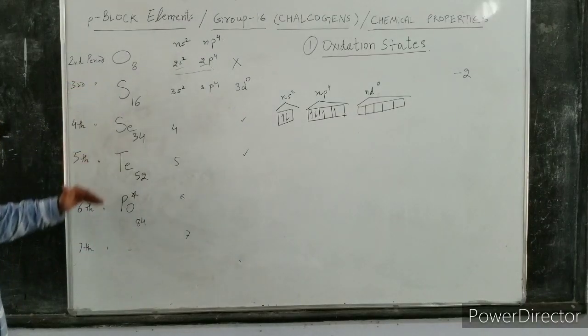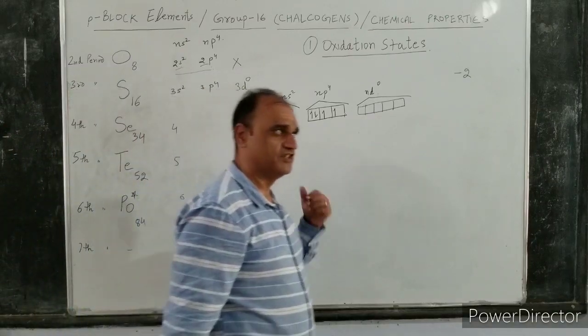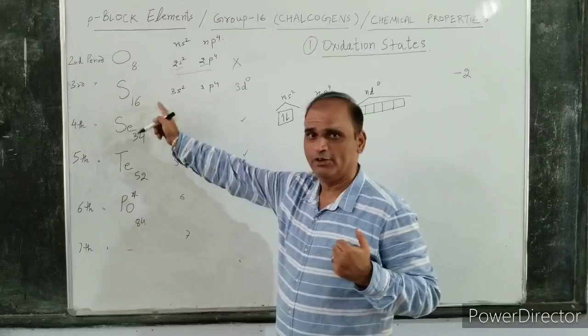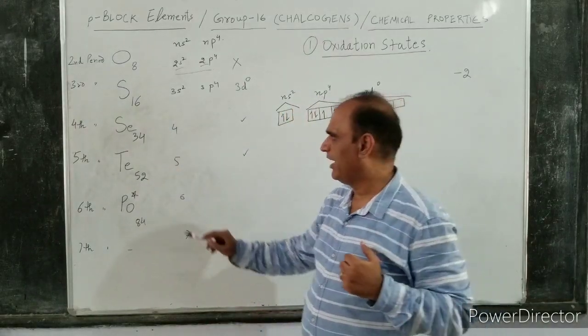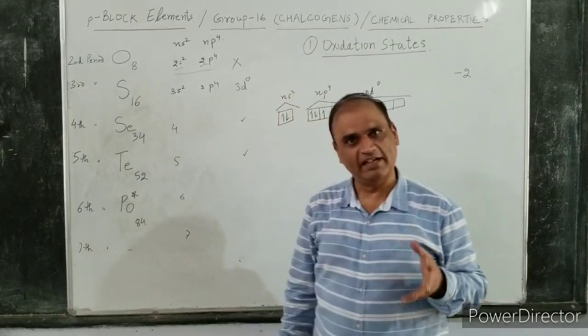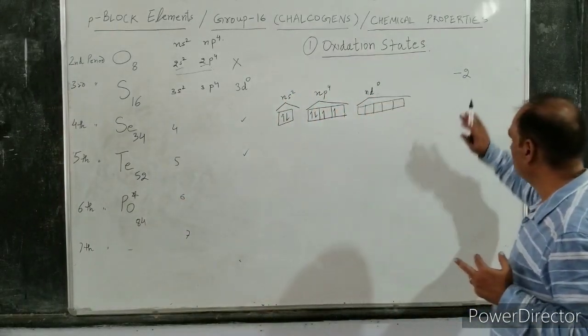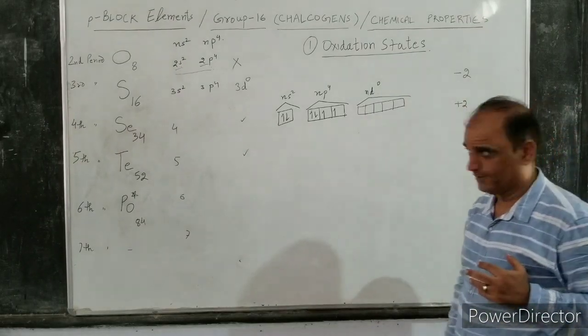We know on moving down a group, metallic character goes on increasing. Oxygen and sulfur, due to that reason, are typical non-metals. Selenium and tellurium are metalloids, and polonium has metallic character. That is why polonium, of course, shows +2 state.